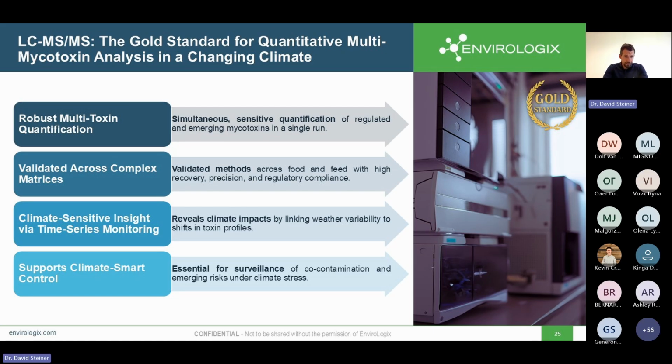Validated methods ensure highest accuracy and compliance, while integrating data over time helps us to link climate variabilities to toxin occurrence and also to co-contamination hotspots. In short, the LC-MS/MS turns insights from rapid tests, metabolomics, and high-res into actionable high-throughput data, forming the backbone of climate-smart mycotoxin control.